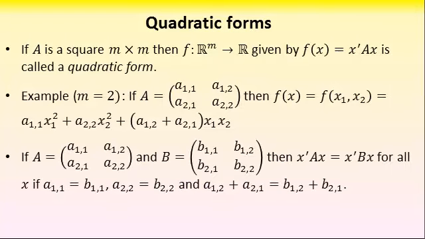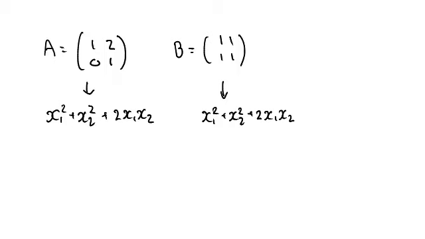More generally, if I have two matrices A and B, then the quadratic form x prime Ax is equal to x prime Bx if the diagonal elements are the same and the sum of the off-diagonal elements is equal. And again, a similar result applies to the general case for an arbitrary m. So this means that whenever I have a quadratic form like this one, I have many choices for my matrix which represents this quadratic form.